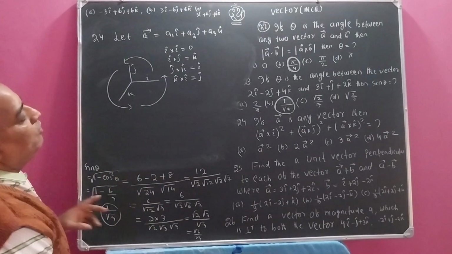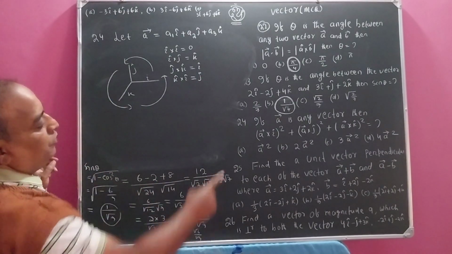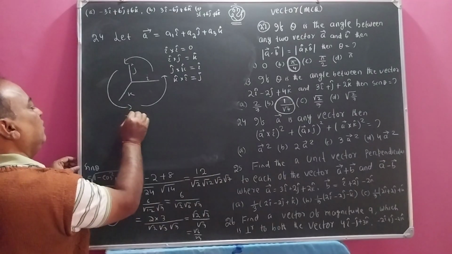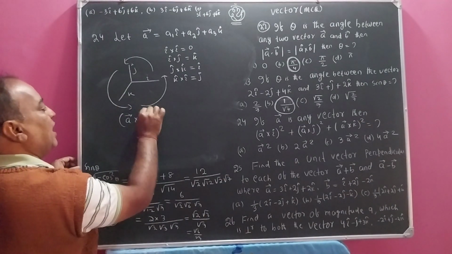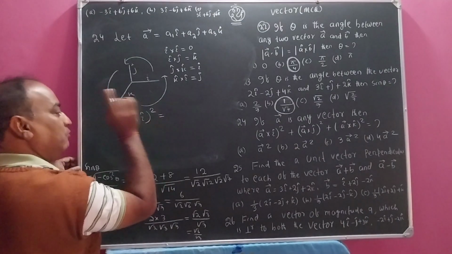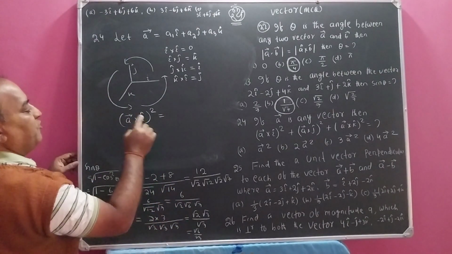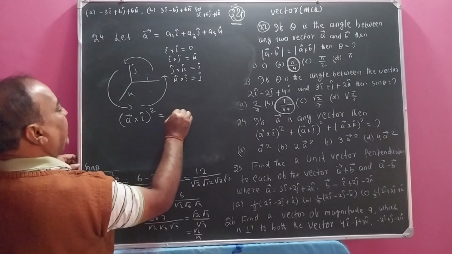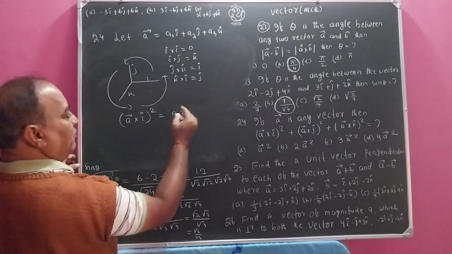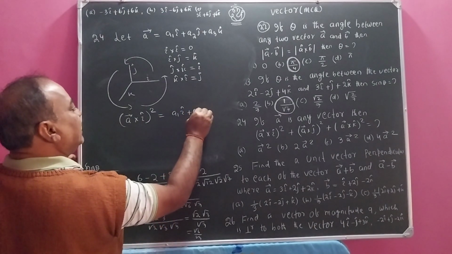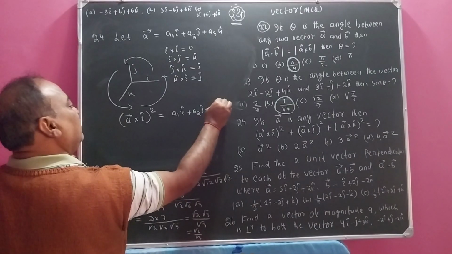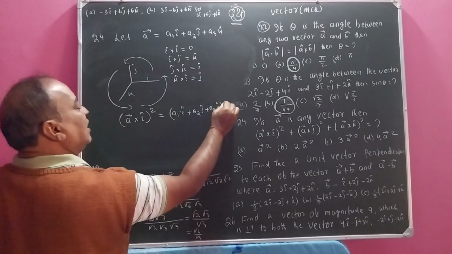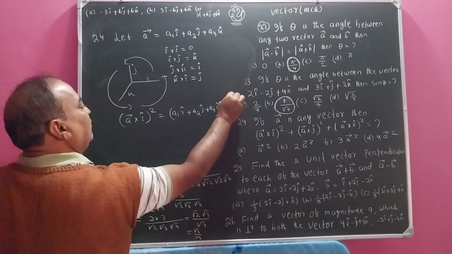So now we have to find out A vector cross I cap whole square. What is the value? First of all, we have to know it. So write down A vector: A1 I cap plus A2 j cap plus A3 k cap, then it is cross I cap.